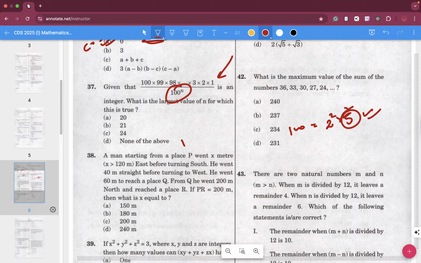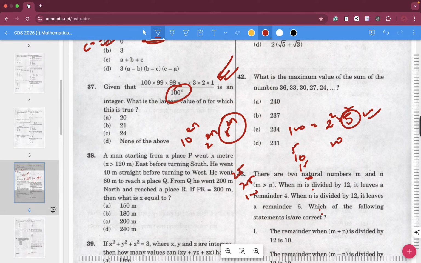So this one we wrote as 10 raised to the power 2n, or otherwise we write 2 raised to the power 2n and 5 raised to the power 2n. In the numerator also we found out how many 5s there are: 5, 10, 15, 20, this way we got 25s, and then 25, 75 and 100 gave us 3 more 5s.